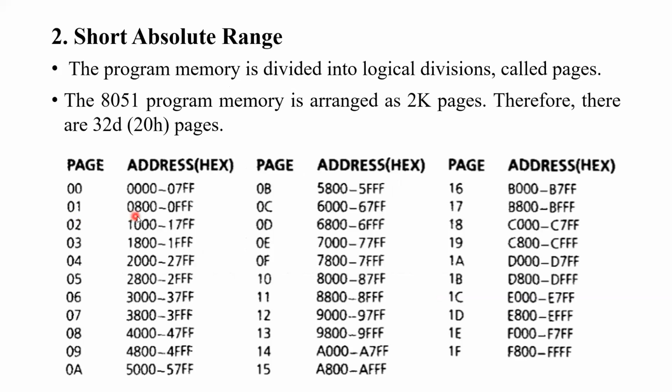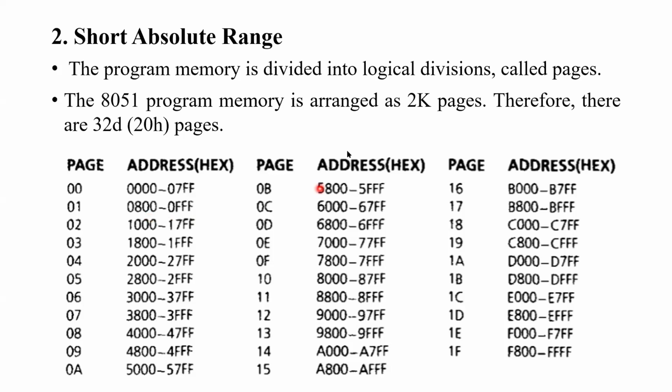Since it is 8, the page number will be 00001 there, right? The first 5 bits represent the page number, and the rest of the 11 bits represent the address within each page.